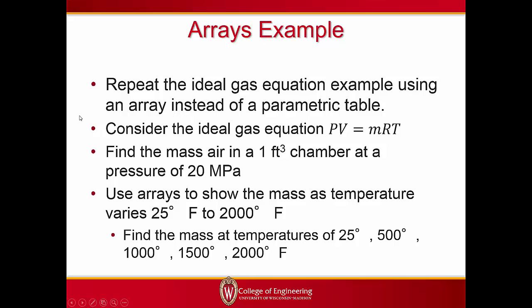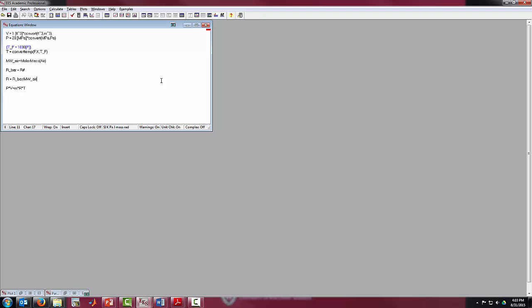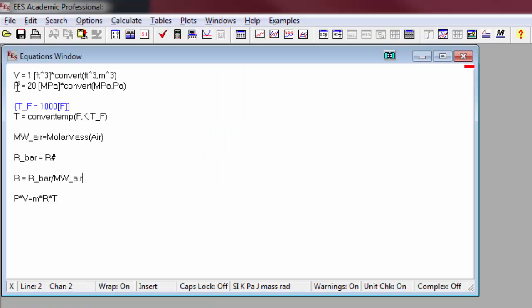So let's go to EES. We're going to find the mass at temperatures of 25 degrees, 500 degrees, 1000 degrees, 1500 degrees, and 2000 degrees Fahrenheit. So revisiting where we left off our EES code, we have the volume, the pressure, we've commented out the input temperature, and we're doing the conversion in temperature.